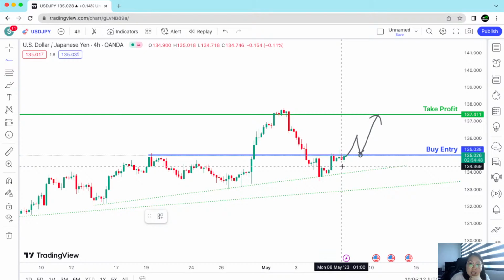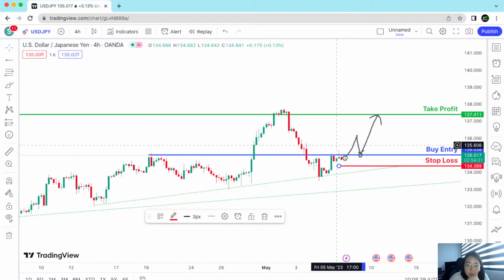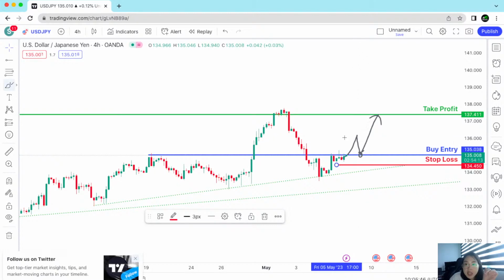In the event price breaks out, it needs to successfully break out to wherever, come back, retest, and the retest is successful. You get in for a buy, then you can put your stop loss along this area, because if it has passed the retest, it means that it will be on its way up and it's not going to turn back. Ideally, it shouldn't be touching your stop loss.